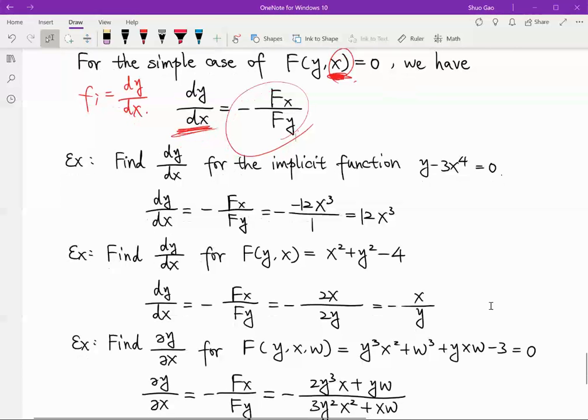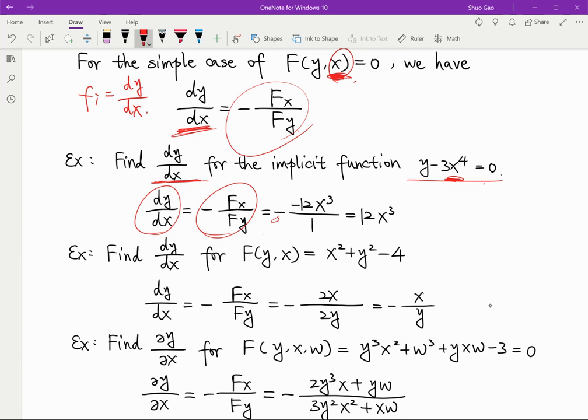For example, find the derivative of the implicit function here. Because we have only one independent variable, x, the partial derivative is degenerated to the total differential. So we don't have a partial differential, just a total differential. So dy over dx equals this thing, with a minus sign here.